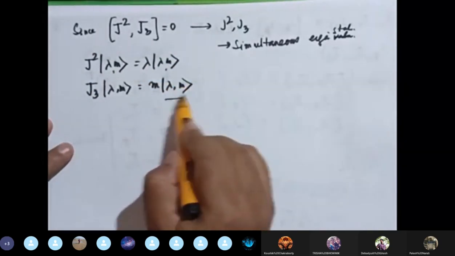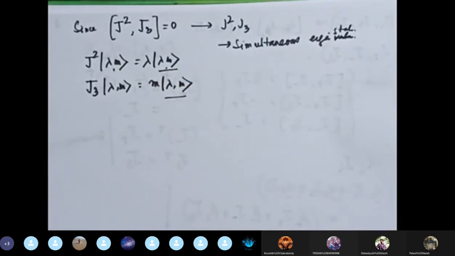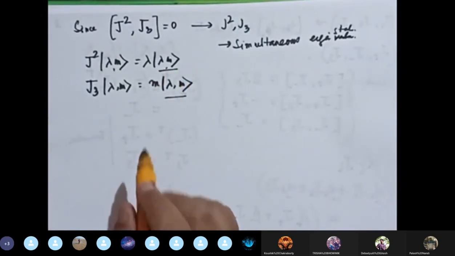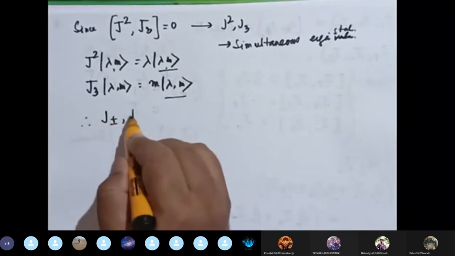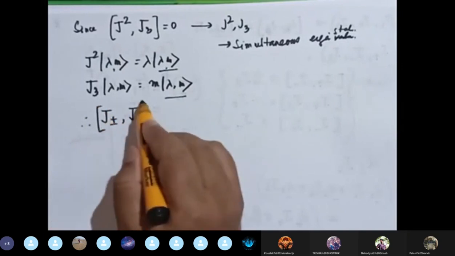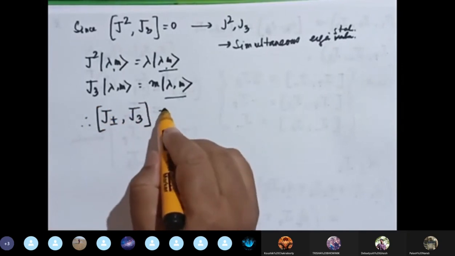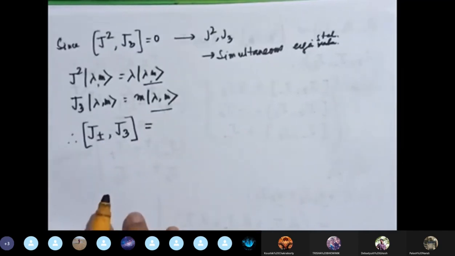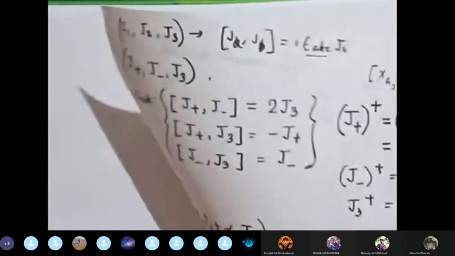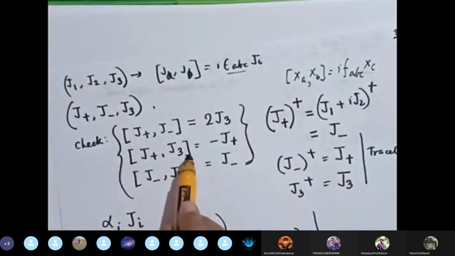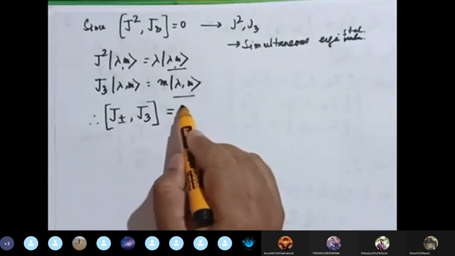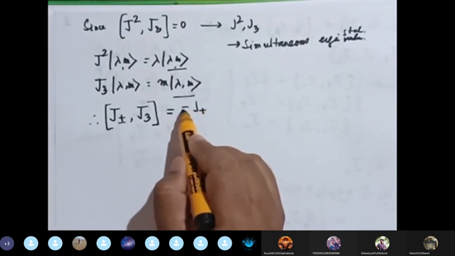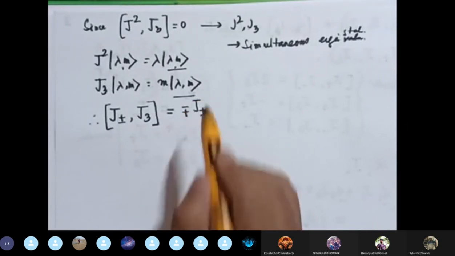Clear? Where lambda m is the common eigenstate of J square and J3 because they commute. And you can also check the commutator of J plus minus with J3: J plus J3 is minus J plus, J minus J3 is plus J minus. So in general you can write minus J plus, J minus.